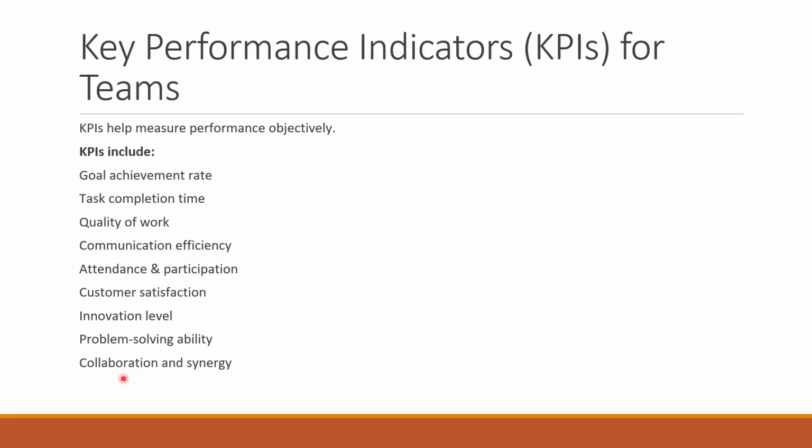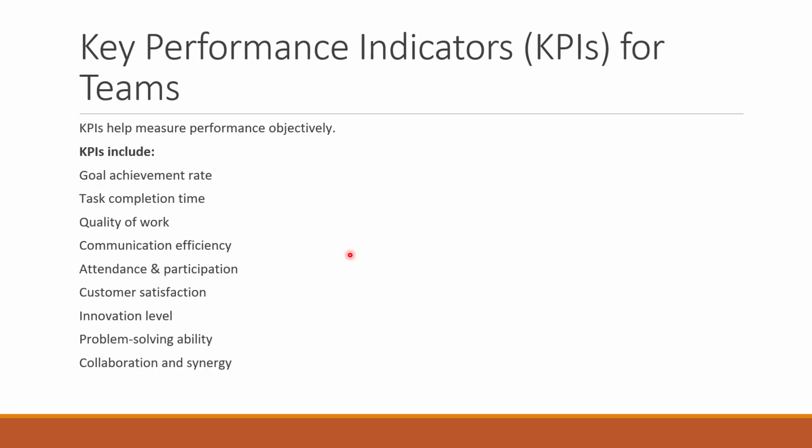And finally, there is collaboration and synergy. Are the team members working in collaboration and are they able to create synergy? Synergy means coming out with something extra than the exact sum, right? So these are the various indicators which are used to evaluate the performance of employees.